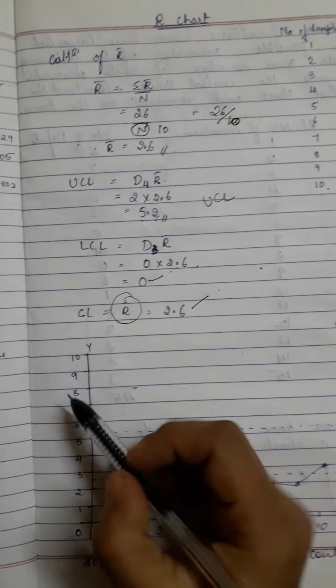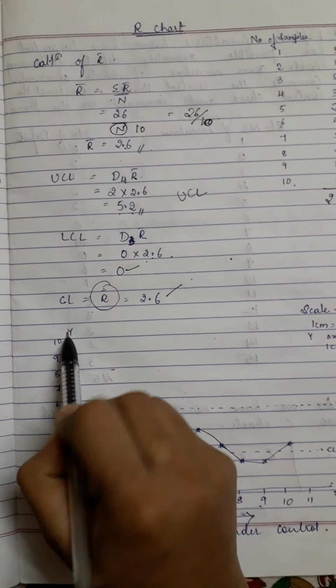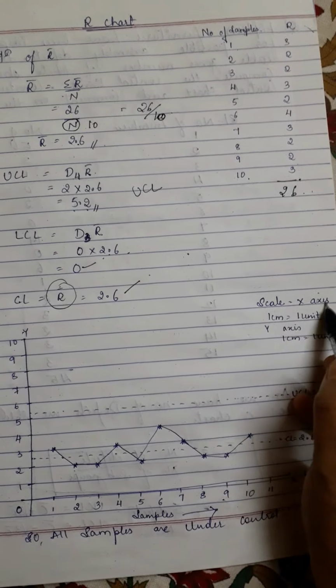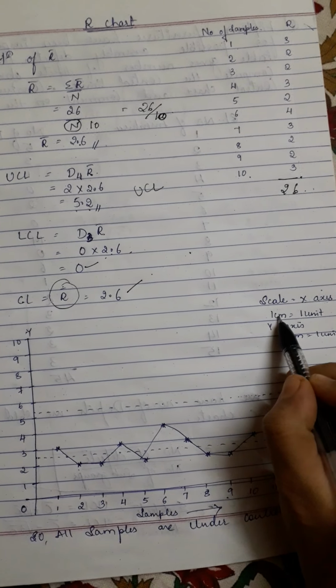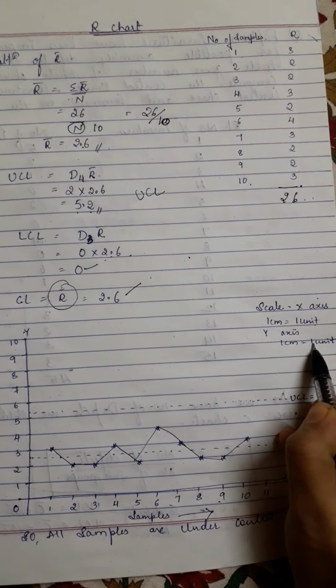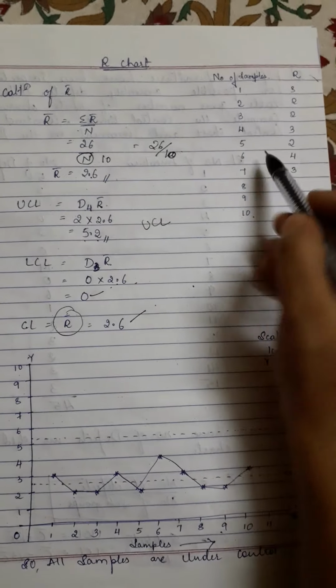Now we need to draw the graph. Take the graph sheet as usual. This is the y-axis and this is the x-axis. Scale: on the x-axis 1 centimeter equals 1 unit, and on the y-axis 1 centimeter equals 1 unit. Now start plotting the samples.